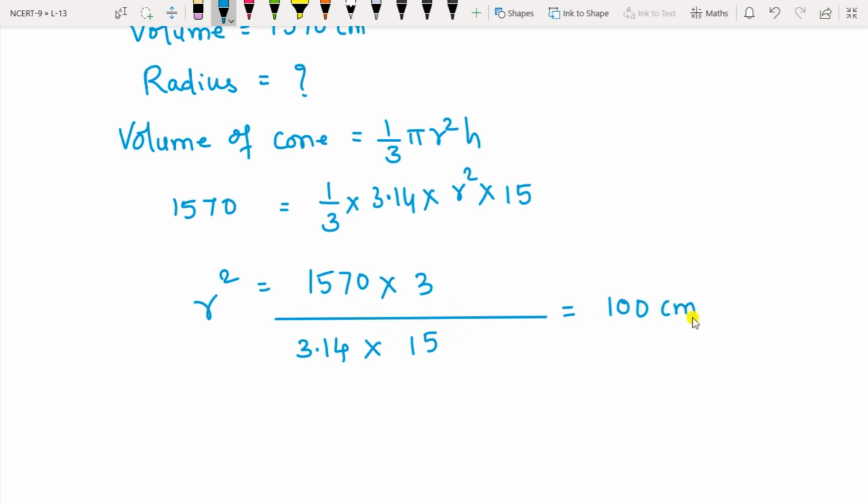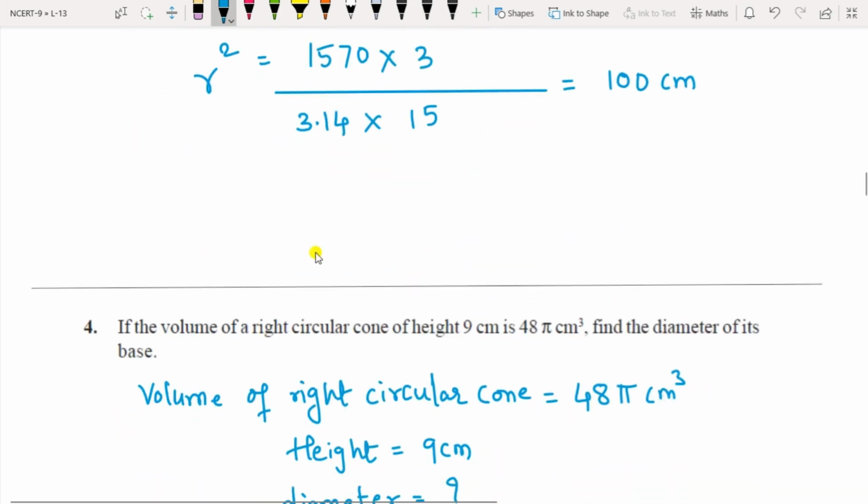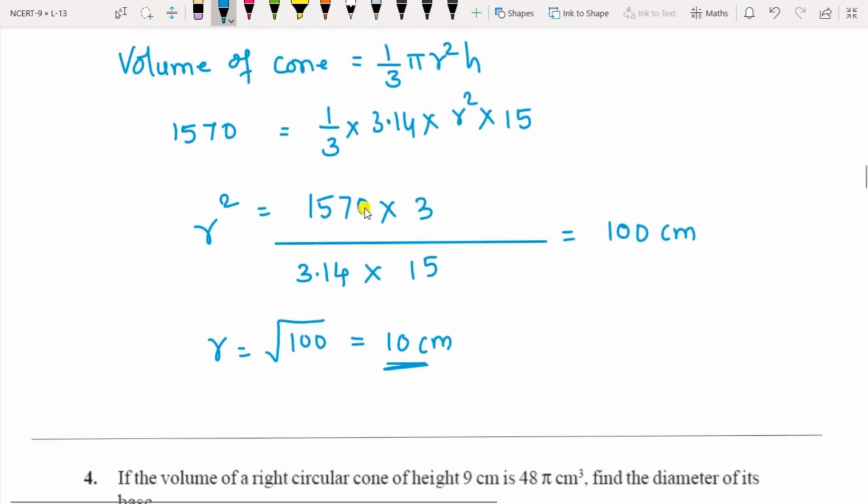So r square equals 100. So r will be equal to under root of 100, that is 10. So 10 centimeter is the radius for the required right circular cone.